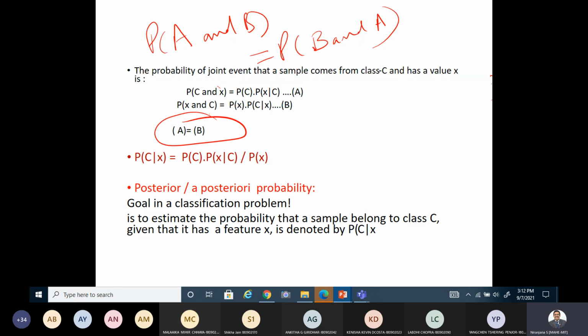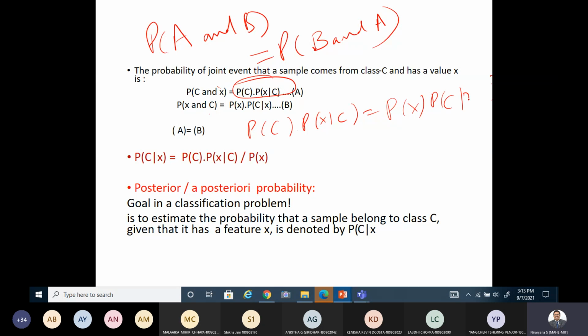So because A is equal to B, I can now redefine the relationship here. When you equate the right sides, what happens? It is P of C times P of X given C, the conditional probability from equation A. Equation B, right hand side, what is there? P of X, P of C given X. Say I take small x for a single feature, and capital X for a vector.